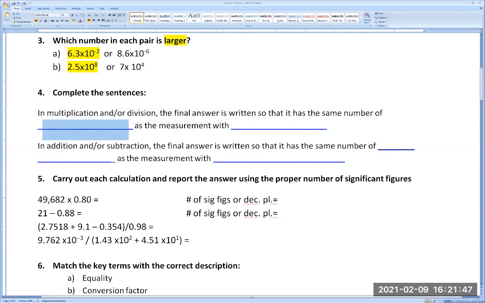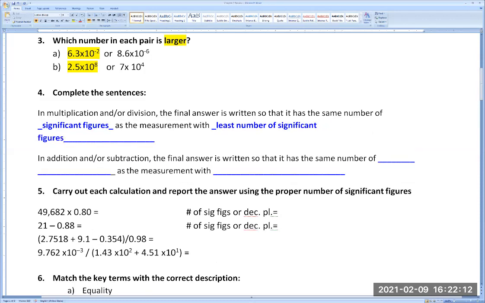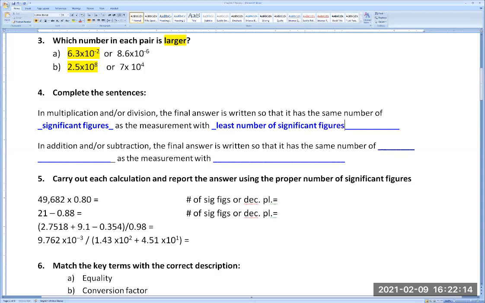When you're multiplying and dividing measurements where significant figures matter, you want to keep the same number of significant figures as the measurement with the least number of significant figures. This is really a rule you need to learn by heart. It is very important to remember that. And then we will practice in question 5.